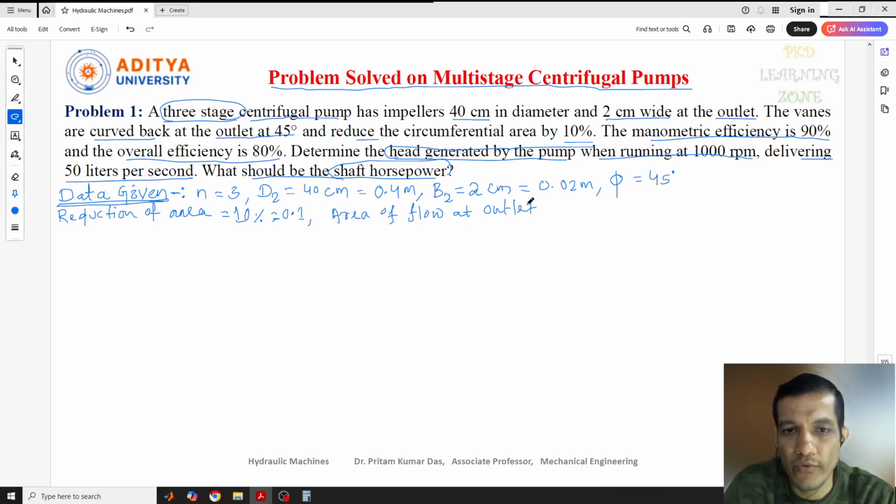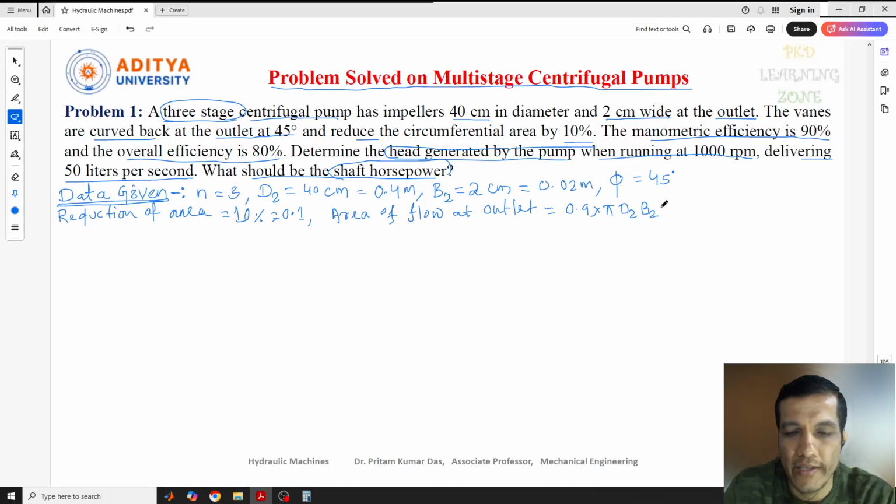So what is the formula for this? We know that Q equals A V. So the area of flow can be written as 0.9 into area, that is pi D2 B2.